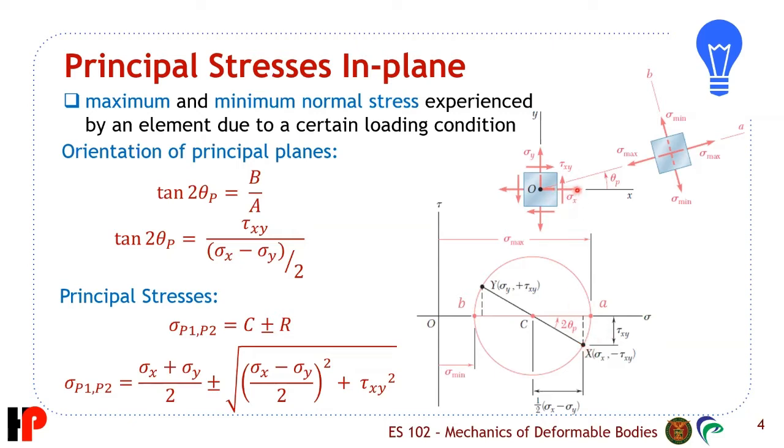So, sigma x, yung kanyang sigma, and then yung tau niya, tau xy, causes counterclockwise. So, sa baba yan. So, ito po yan, point x, sigma x, and negative tau xy. Okay? So, if you rotate by 2 theta p, you should be able to go to the principal stress. So, kung theta p dito, 2 theta p naman dito.